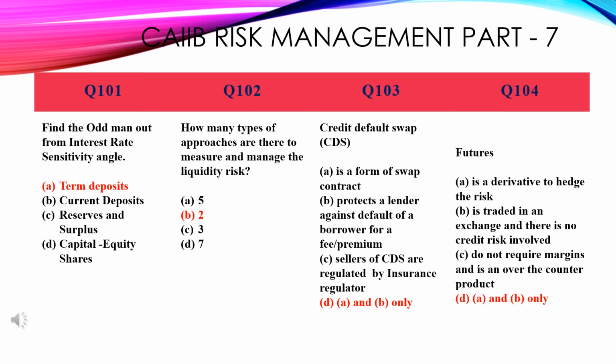As an intermediary, he will be between both, and it almost eliminates the credit risk. However, futures contracts are subject to margin requirements. They are exchange traded and not over the counter traded.